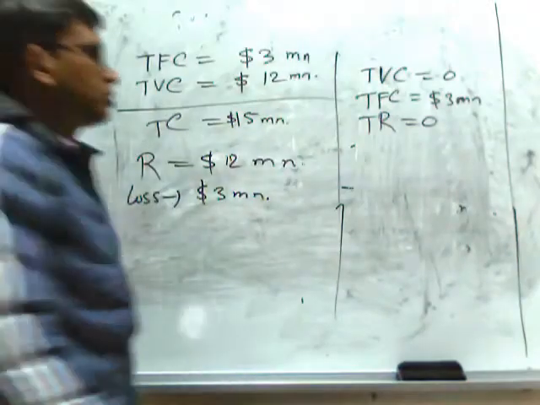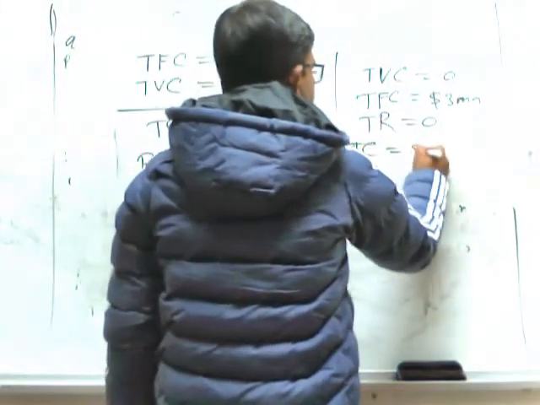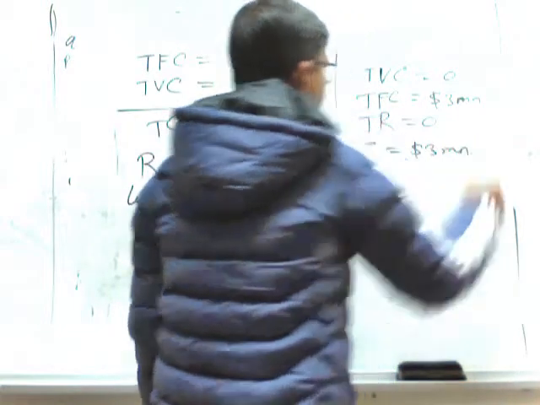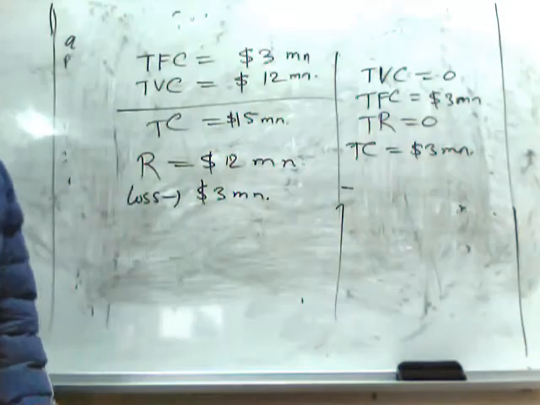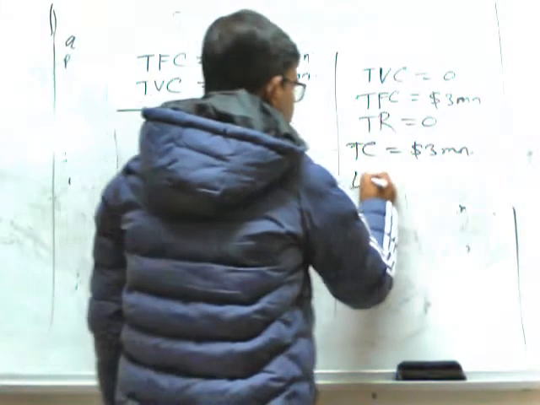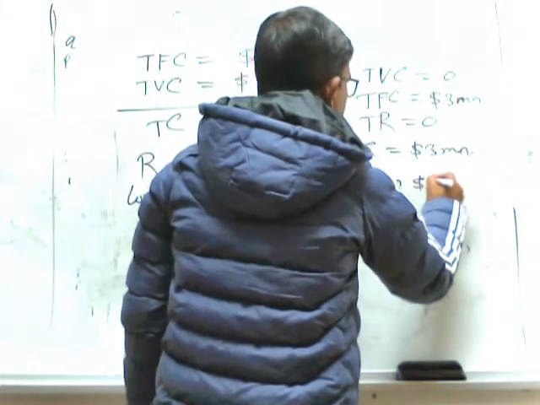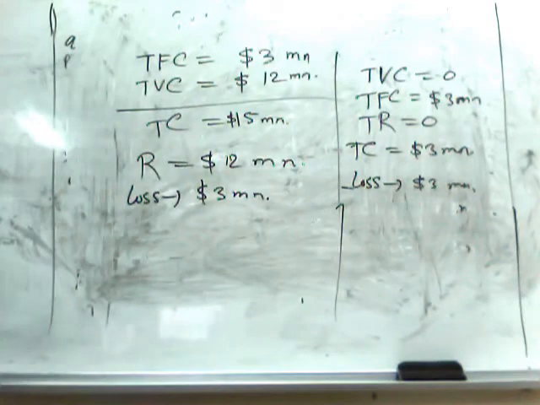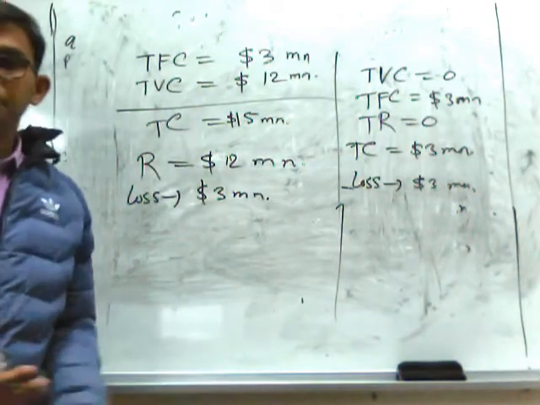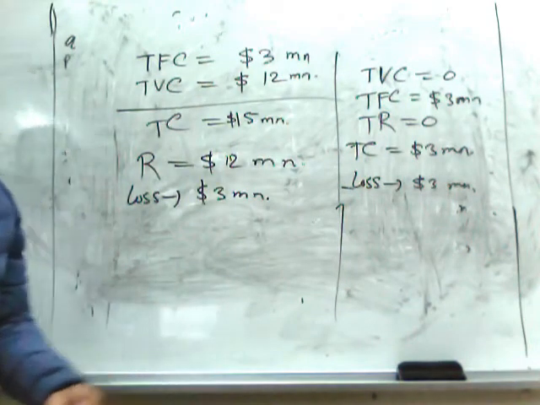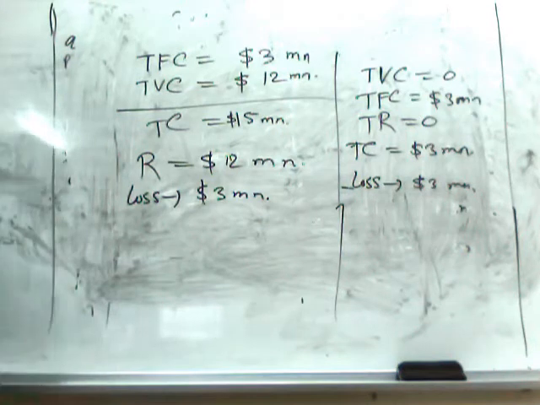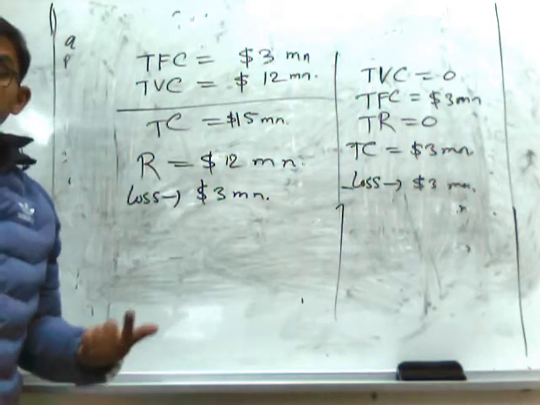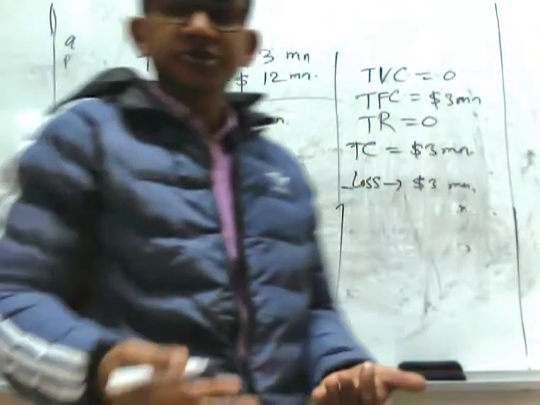So TC equals $3 million. So in this case, the loss will also be $3 million. So the firm will remain indifferent between staying and leaving. It may stay in the market, it may leave the market, but that does not make any difference.